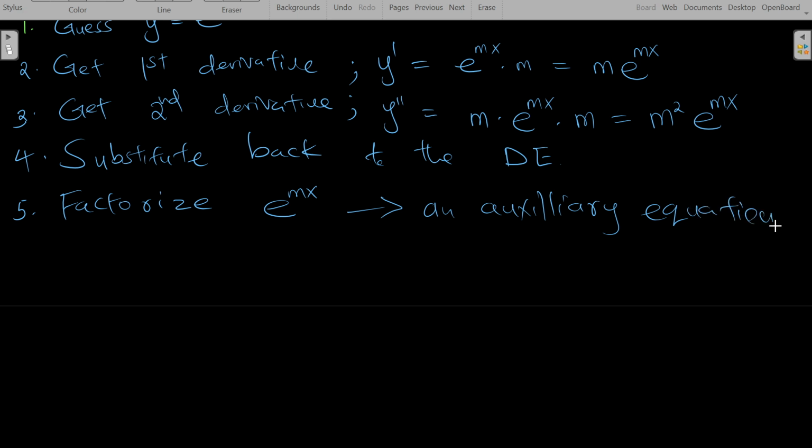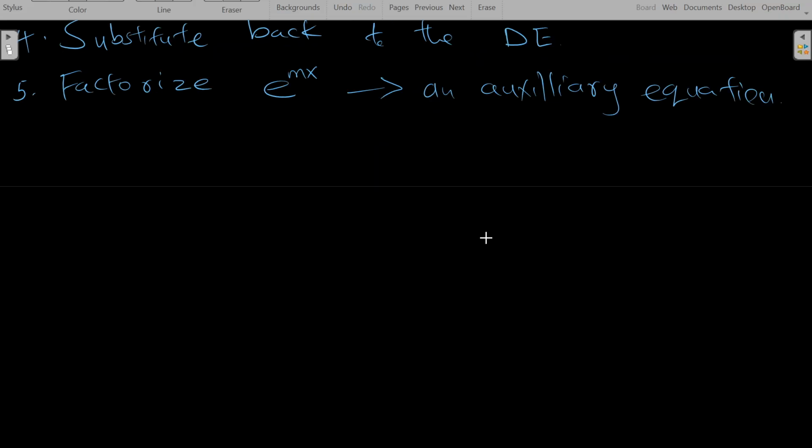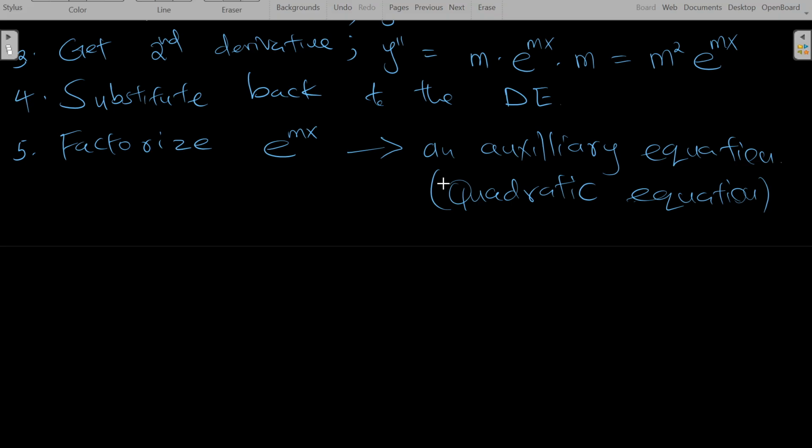Once you have gotten your auxiliary equation, which is just a quadratic equation, let me write this as a quadratic equation. We have so many methods for solving a quadratic equation. We can use the quadratic formula itself, the completing the square method, and the method of summation.